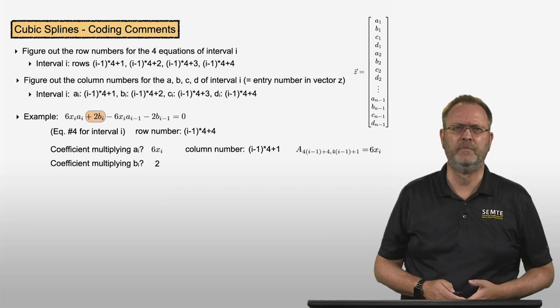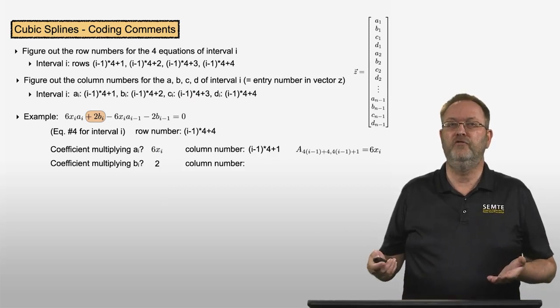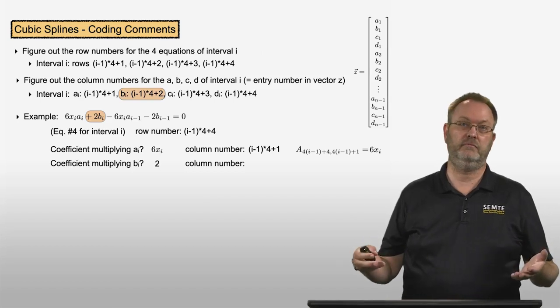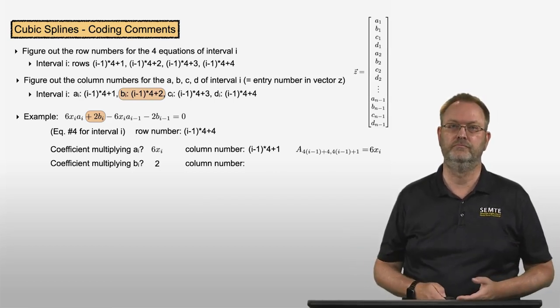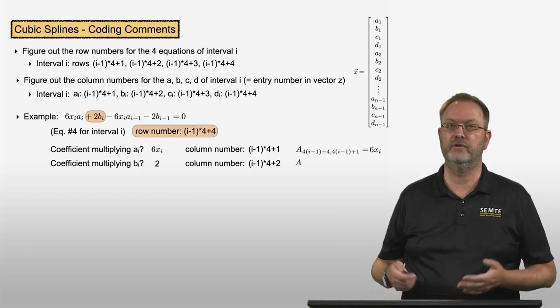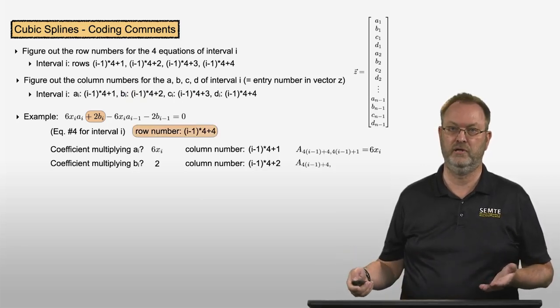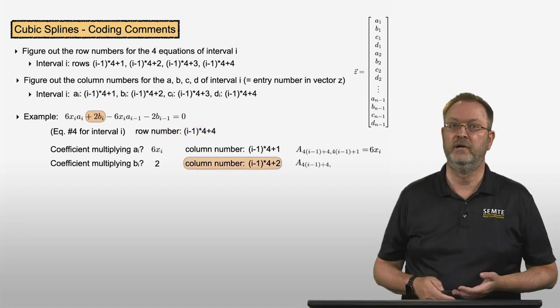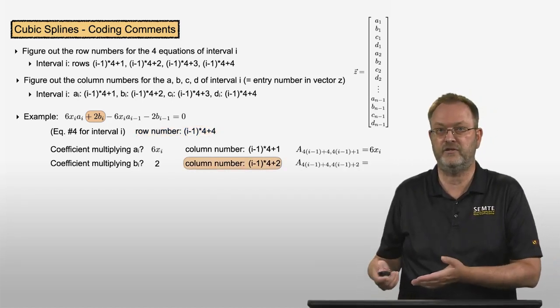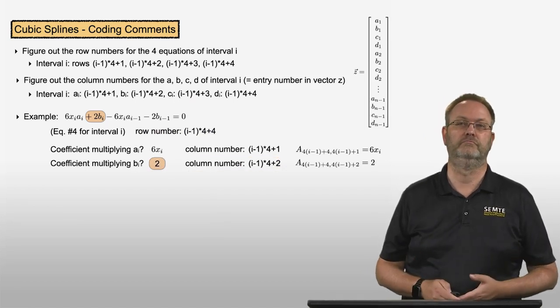It's 2, right? What's the column number for bi? Well, it's (I minus 1) times 4 plus 2. So therefore, if I set in the matrix A, I have to go into the row number (I minus 1) times 4 plus 4 and into the column number (I minus 1) times 4 plus 2. And the entry there has to be set to the 2.